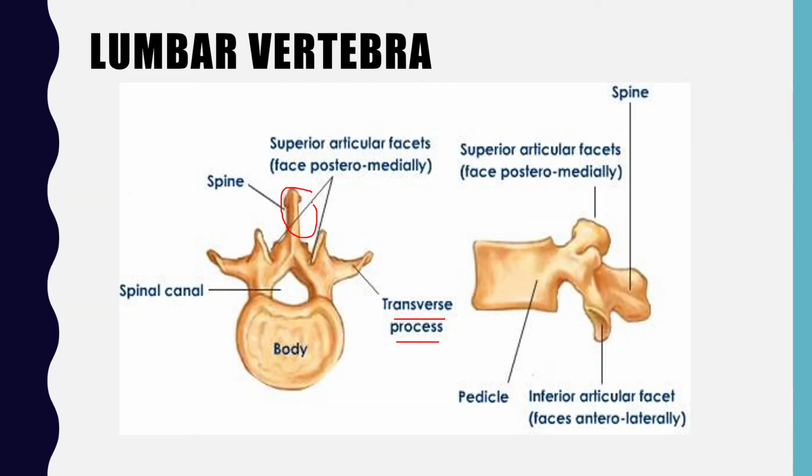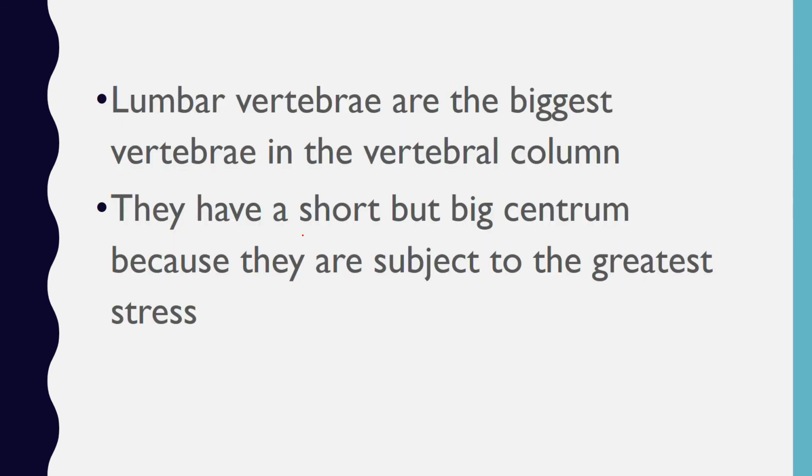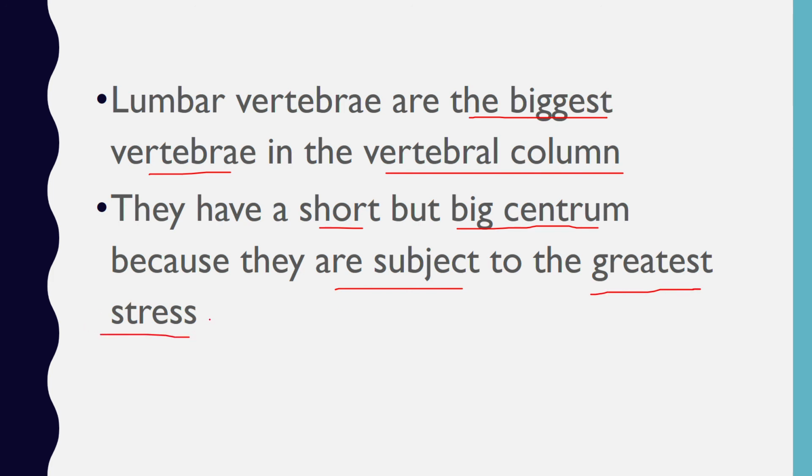The spine as well, not as long as the thoracic vertebrae. So again, these are the points that I have mentioned just now, that they are the biggest vertebrae in the vertebral column. Short, big centrum, because they are the ones that are subjected to the greatest stress, bearing the body weight.